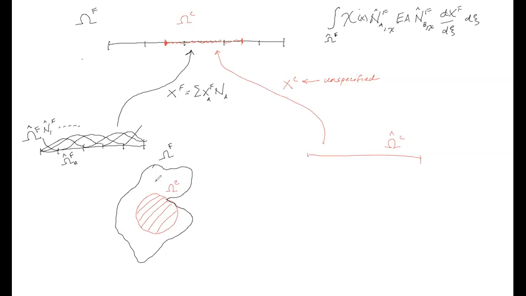Now, would you like me to create the rest of the paraphernalia, Eric, for this? So yeah, you can start creating those annotations on there. Okay, so what we're going to assume is that there's some parametric domain. Maybe it's a square. This is going to be our omega hat F. And there's a map that's going to take, let's even put these lines.